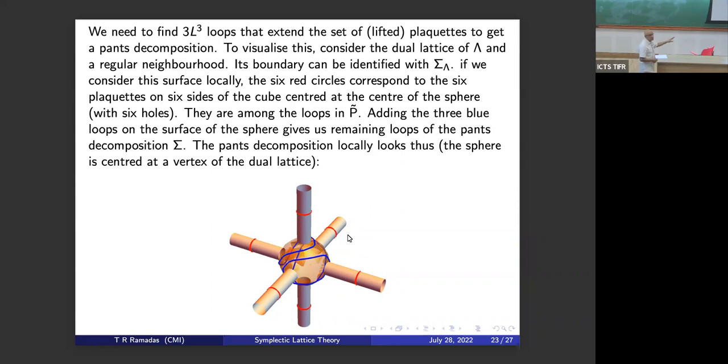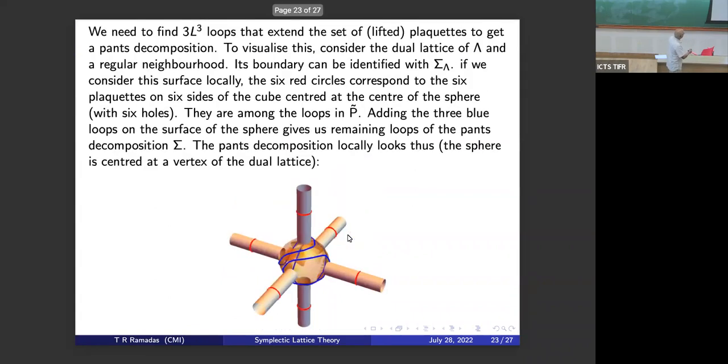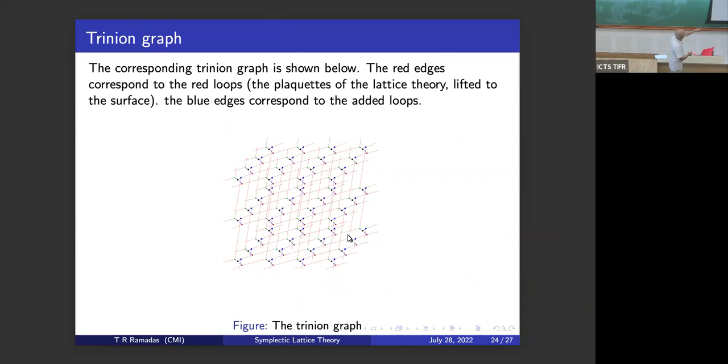So this is the Pants decomposition that we will work with for the 3-dimensional lattice gauge theory. When you do that, the corresponding trinion graph looks like this. The red long lines correspond to the plaquettes that we saw before. The blue lines correspond to the additional 3 circles that are needed for the complete Pants decomposition. So this is the trinion graph that you get.